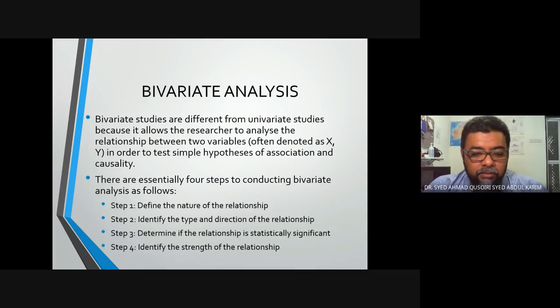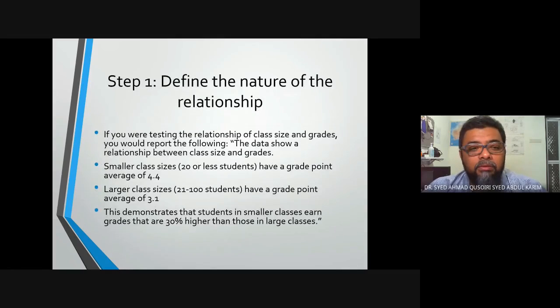Step three, determine if the relationship is statistically significant. And step four, identify the strength of the relationship. So one, identify the nature. Two, identify the type. Three, determine the significance. Four, identify the strength.